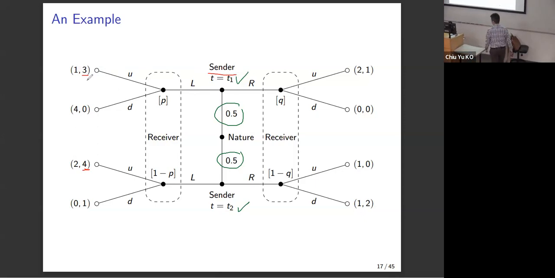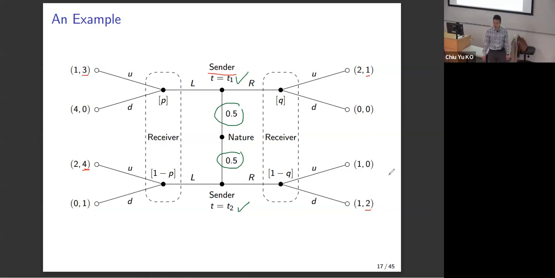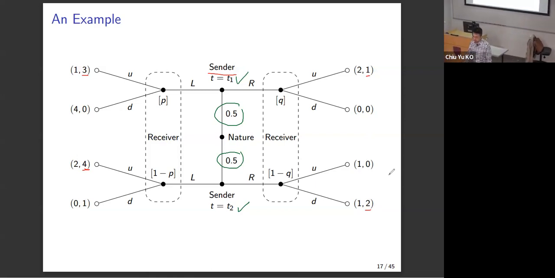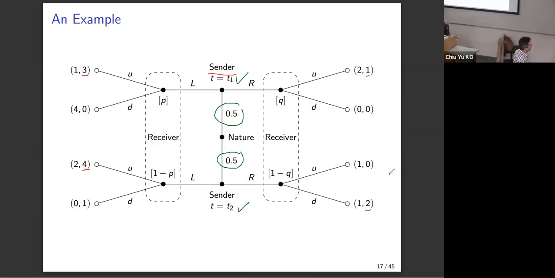And if the sender sends R, that's a little bit different. That means the receiver actually would care what the type is. If I see L, then it doesn't really matter, I almost choose up. Well, of course, I prefer right. But if I see R, I have to guess what the type is.